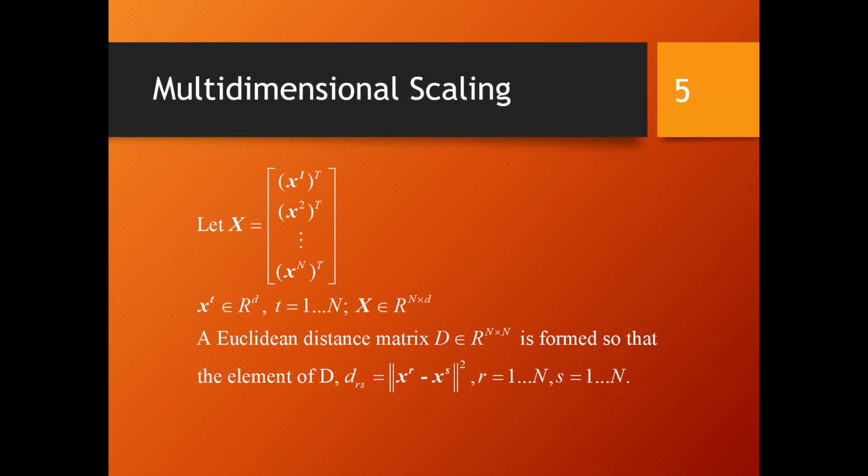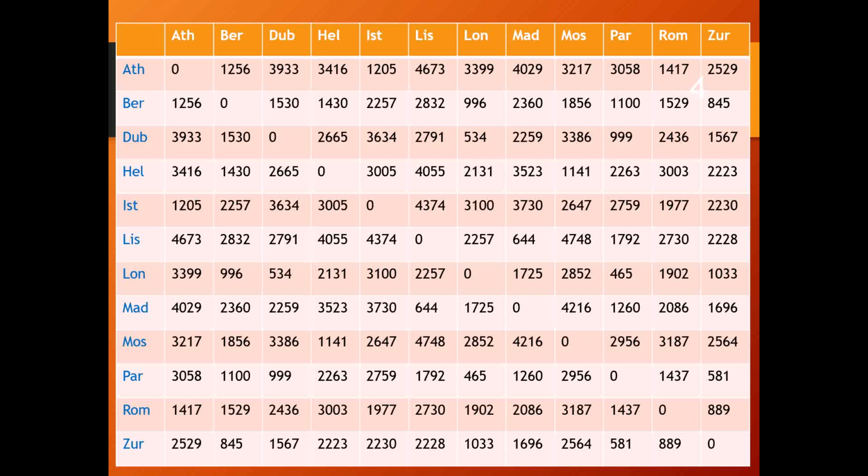In this n by n matrix, we make some comparison among one another, okay? And this comparison comes from the Euclidean distance of those data. So, I will have a matrix like this, okay?